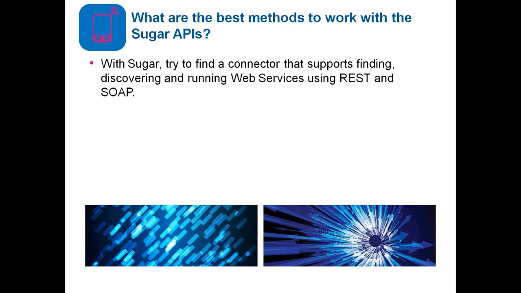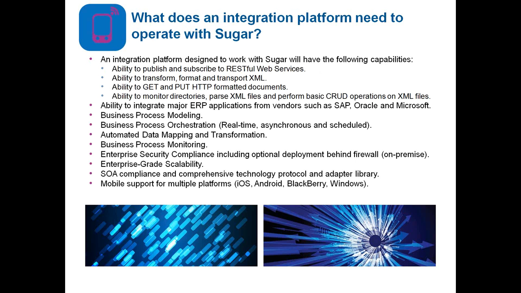If you're using the current version, Sugar 7, then try to find a connector or an integration platform that supports finding, discovering, and running those web services using REST and SOAP. Of course, Magic XPI's integration platform has the SugarCRM connector, so you know that's all taken care of.